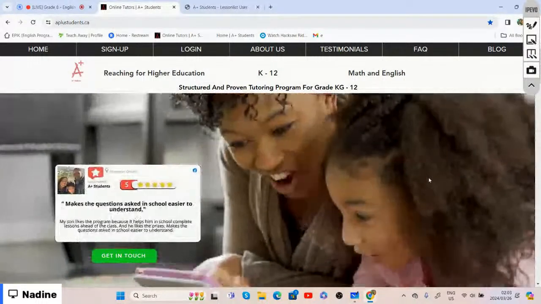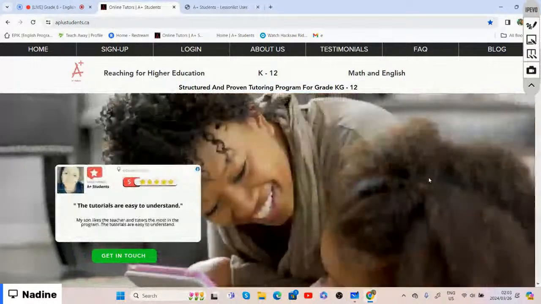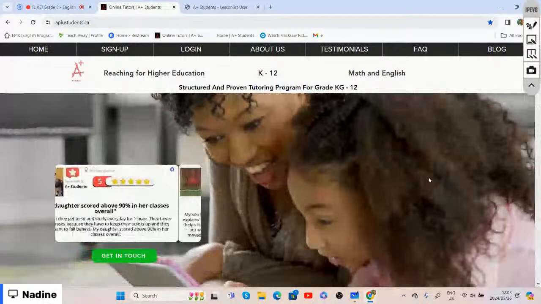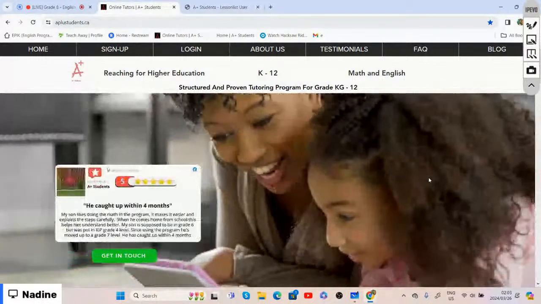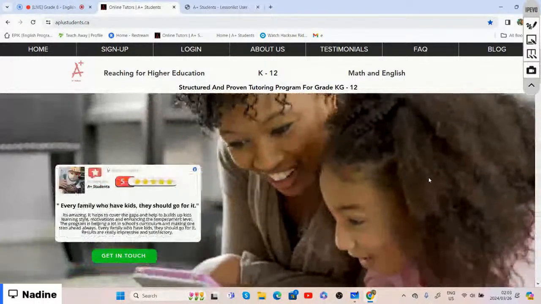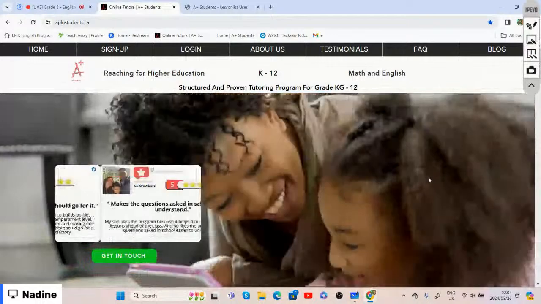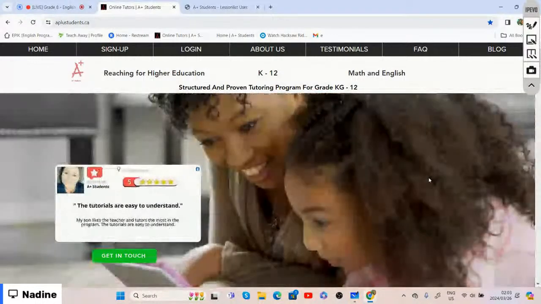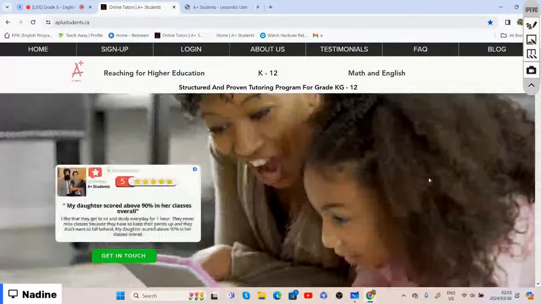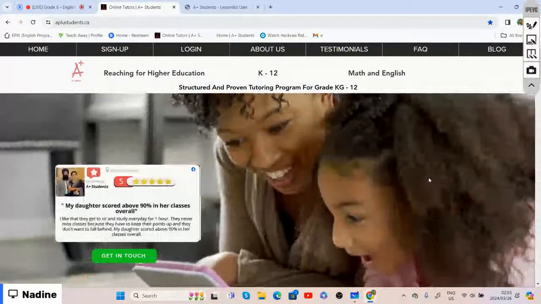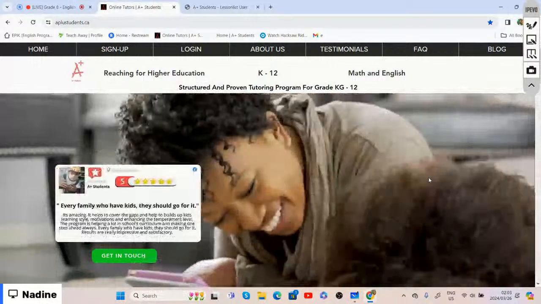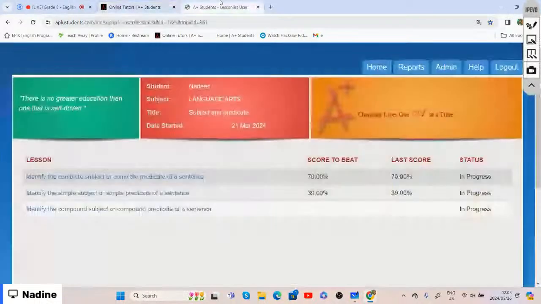Once you've logged on with your username and password, select the subject of language arts, grade 8, and then scroll down until we get to the chapter of subject and predicate.